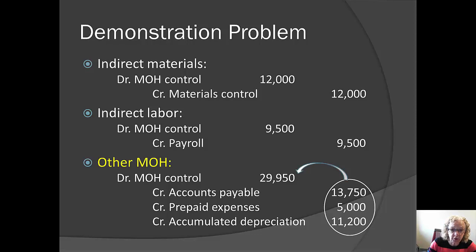The reason that the treatment is different for a manufacturing firm is due to the matching principle, which says we have to match our expenses to the revenues that they help us to generate. Right now, we are using these costs, but the products that we're making haven't been sold yet. So the matching principle prevents us from treating these as expenses until later on when the goods are sold.